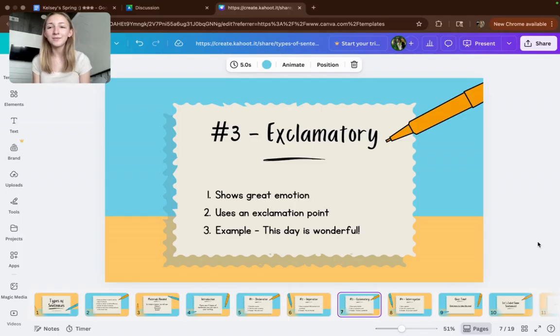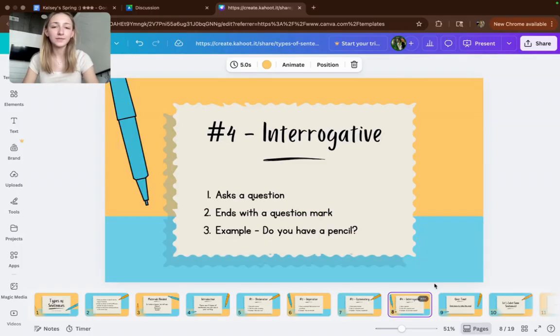So if you're exclaiming something, you're using a lot of emotion, you're excited, and that just helps me remember, because obviously an exclamatory sentence ends in an exclamation point. So an example of an exclamatory sentence might be, this day is wonderful! And that ends with an exclamation point.